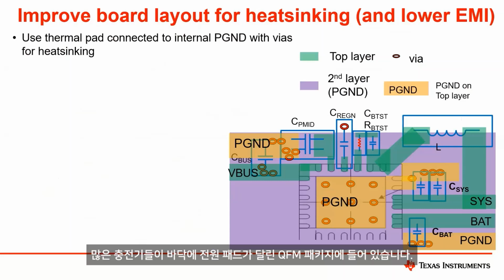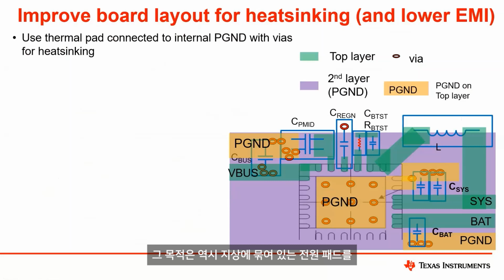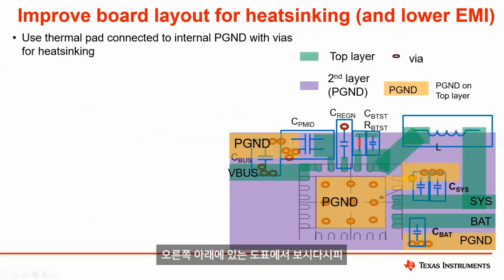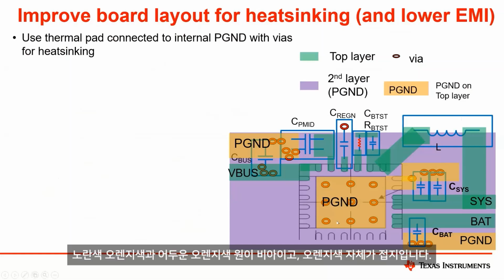So a lot of our chargers are in QFN packages with power pads on the bottom, and the goal of that is to allow for better heat sinking by connecting that power pad, which is also tied to ground, with vias to large ground planes. And you can see that in the diagram at the bottom right, where the yellow-orangish with the darker orange circles are the vias, and then the orange itself is the ground.